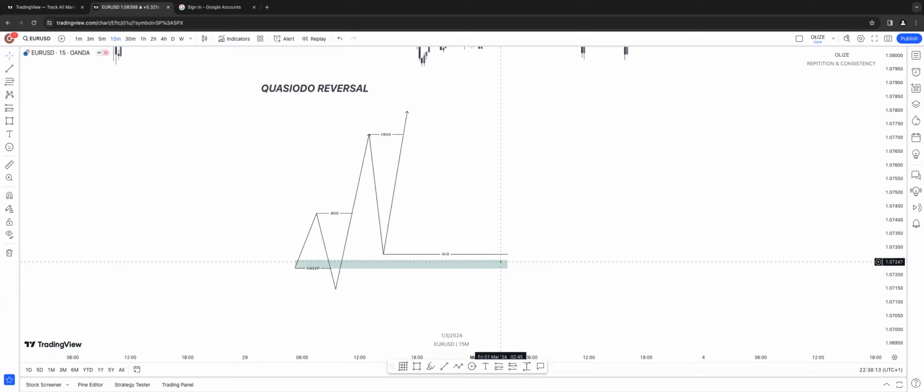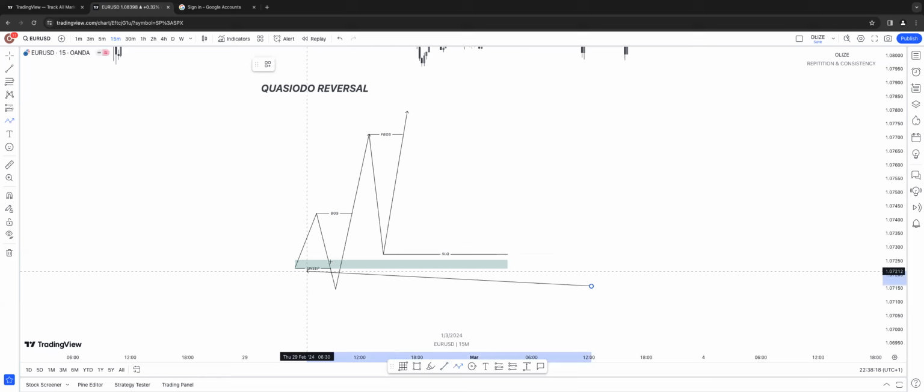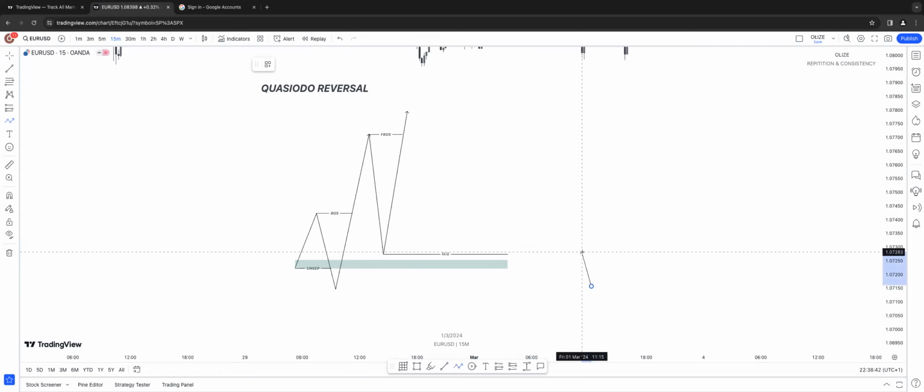So these are actually reclaim zones, a zone where price had already taken out, but it's still coming back to respect or fill the zone. So that is actually a Quasimodo reversal. In a bullish scenario, the point where you mark as your sweep, the block there is your Quasimodo reversal.